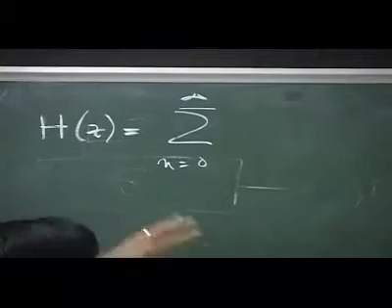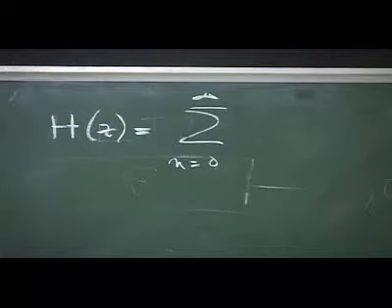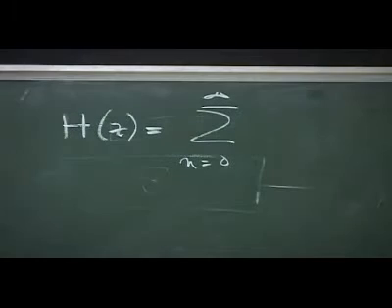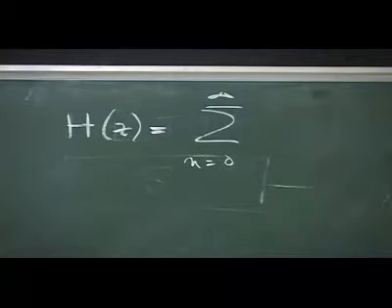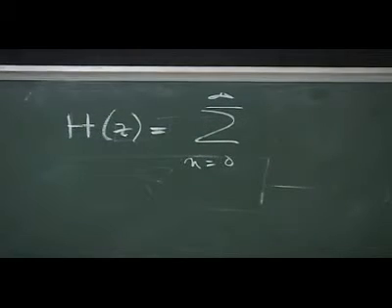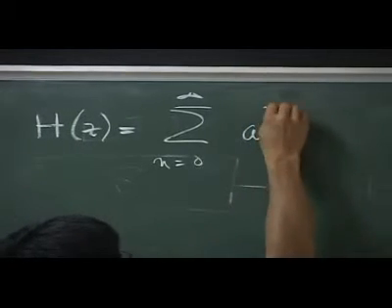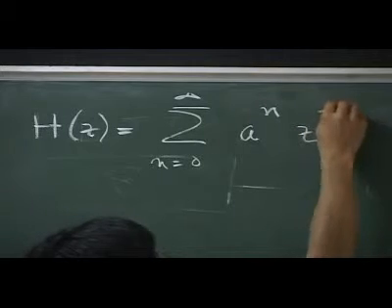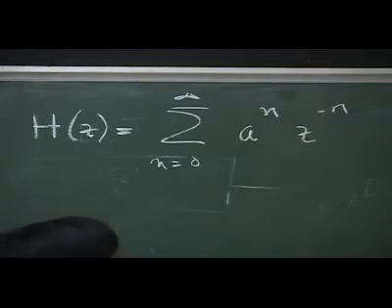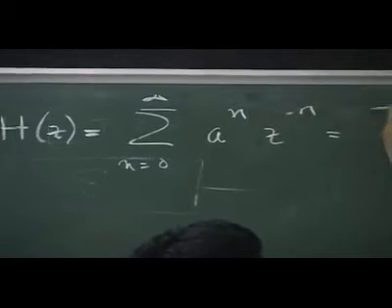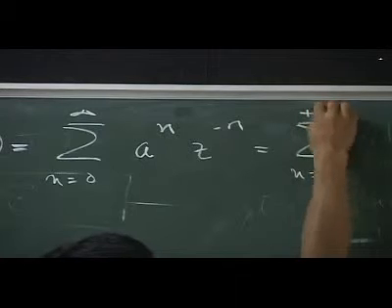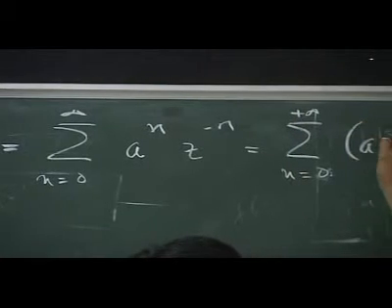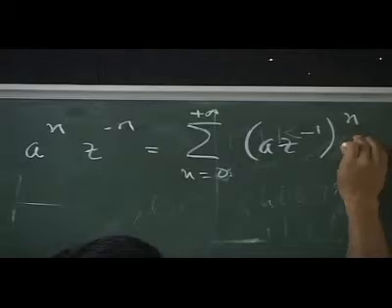I have this summation from minus infinity to plus infinity, but from minus infinity to minus 1 the signal is 0, so the sum doesn't contribute. From 0 to infinity I have a to the power of n times z^-n. Now this is equal to the summation from 0 to plus infinity of (a z^-1) to the power of n.